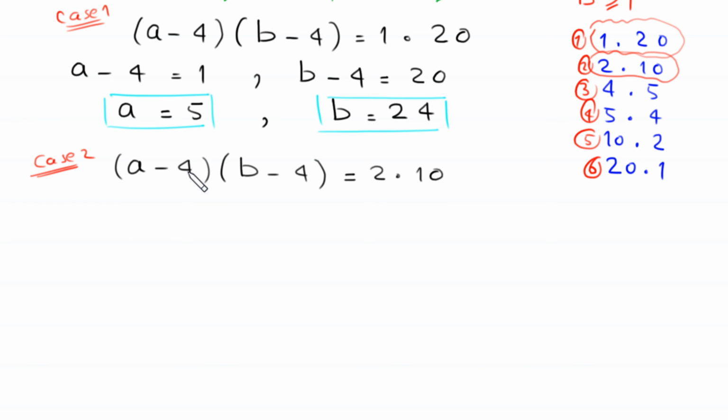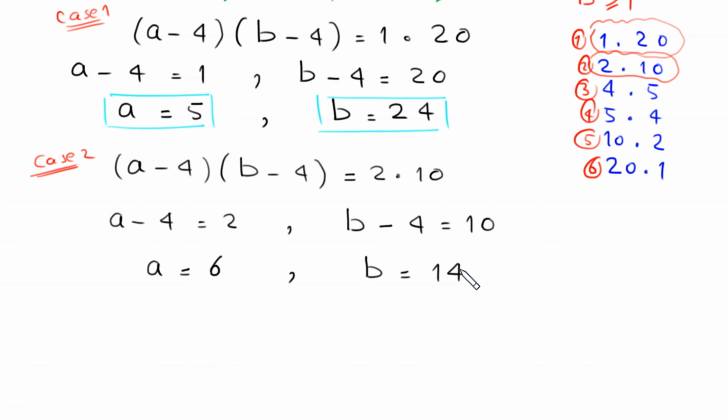So this a minus 4 is equal to 2, and this b minus 4 is equal to 10. From this equation we get the value of a is equal to 6, and from this equation we get the value of b is equal to 14. So from this case we get a is equal to 6 and b is equal to 14.